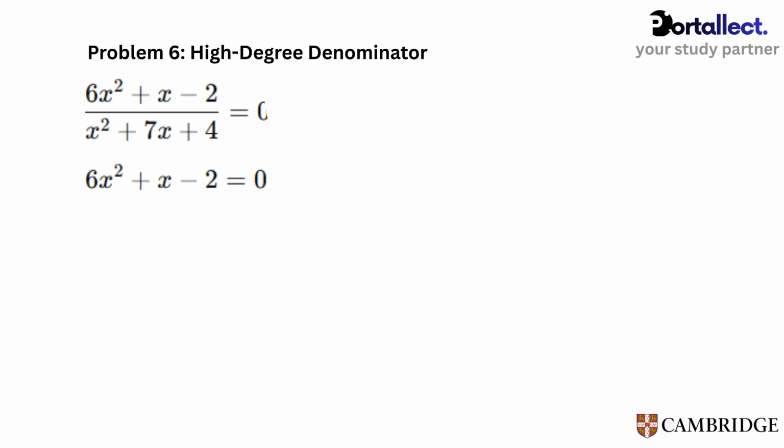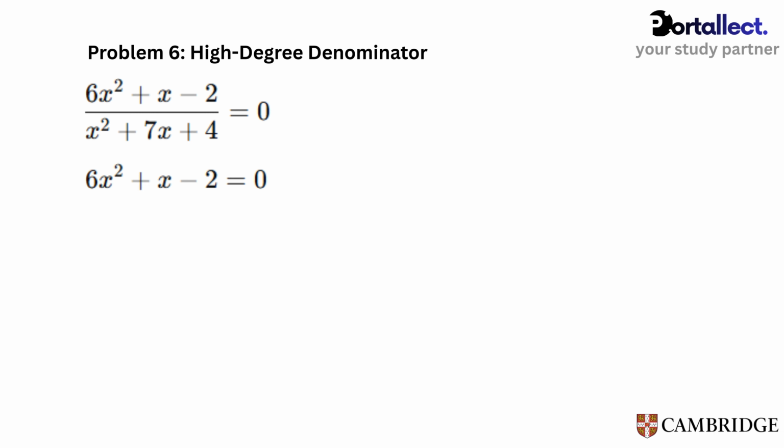In this particular problem, we are solving the equation (6x squared + x - 2) divided by (x squared + 7x + 4) equals 0. As we've learned, we only need to find when the numerator is 0. So, we focus on 6x squared plus x minus 2 equals 0.